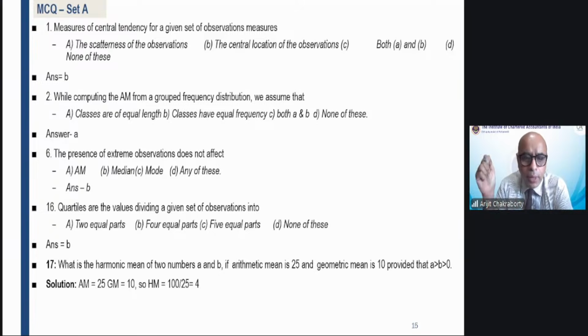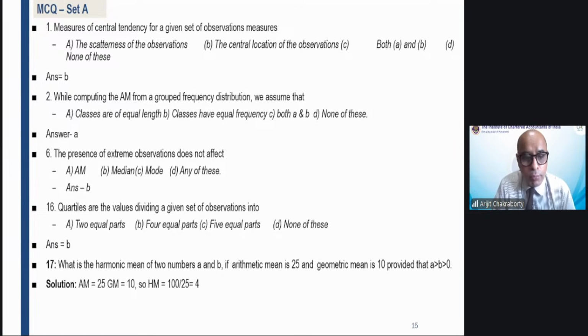We have AM given 25 and GM given 10. Please remember this formula applies only in a situation where we have two positive numbers. The moment you have 3 or more variables, this relation will not hold good.